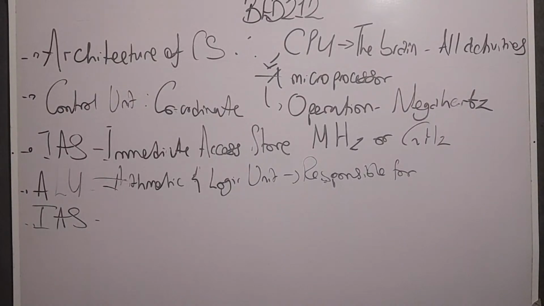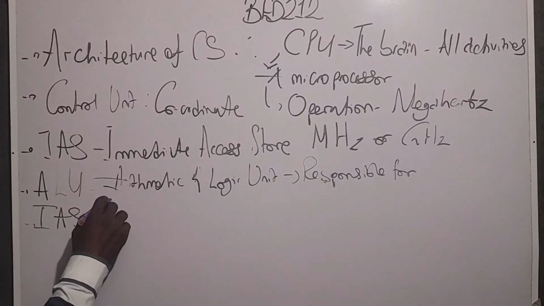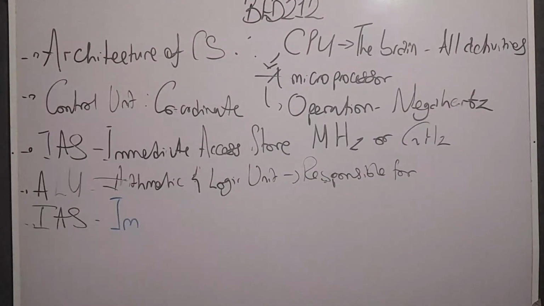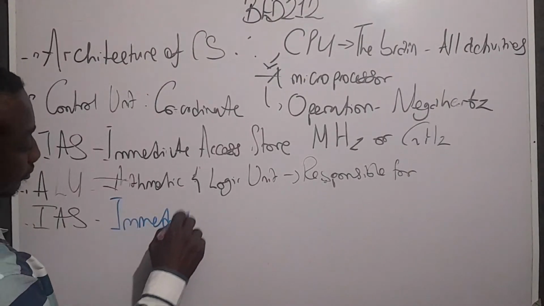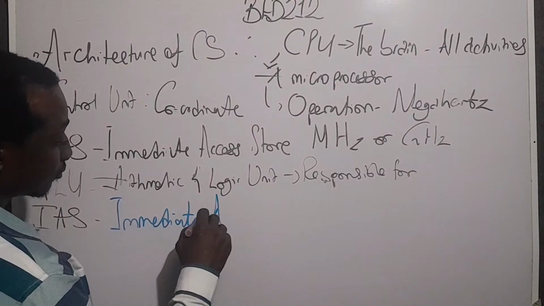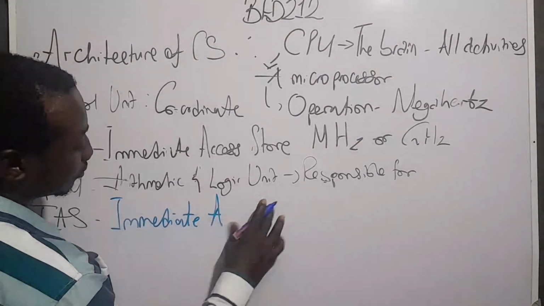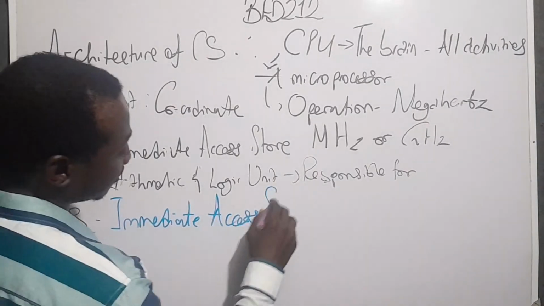So we have the IAS. What makes the IAS different? According to the name, it's an acronym for Immediate Access Store.